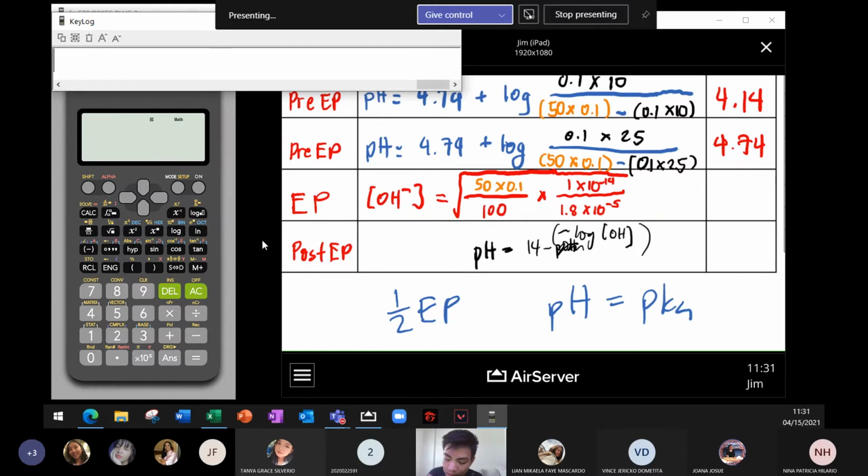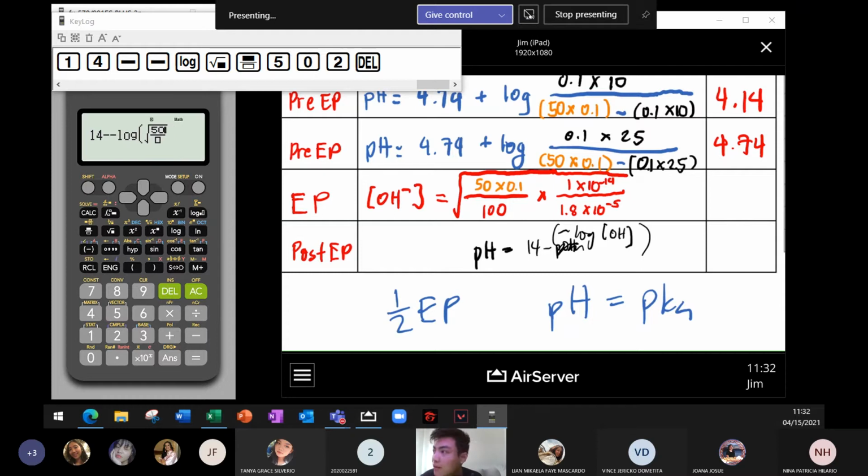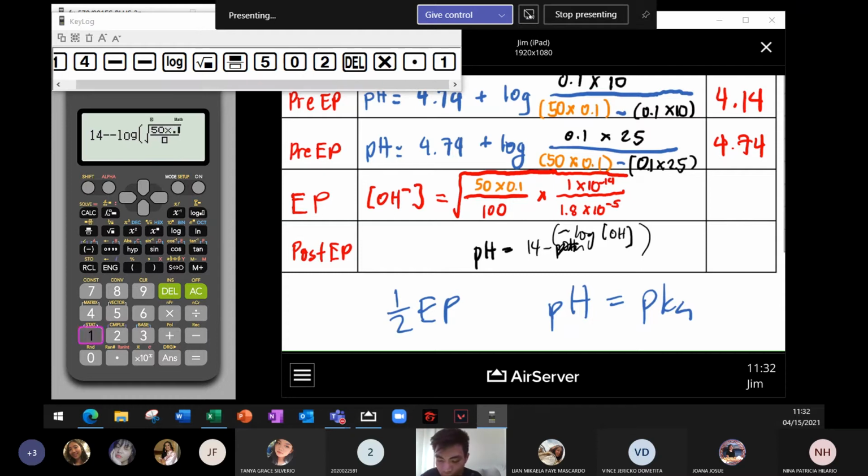So, ginagawa ko sa Calcu, pina-plug in ko ito dito, then tinatype ko tong equation na to as a whole. Let me do that na para ma-try nyo rin. 14 minus negative log. Then, square root. Okay. Then, 50 times 0.1 divided by 100.